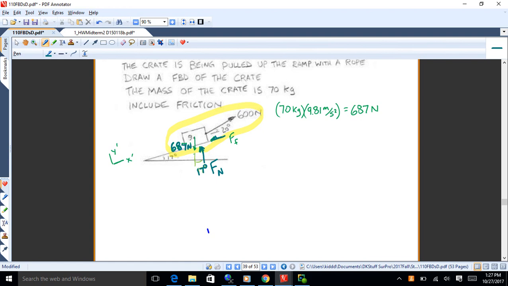We've got the normal force pushing up, the frictional force. Notice I converted the mass into a weight. Don't do statics with masses, do it with weights. And we've got 600 newtons up and to the right. And see, I've got a little axis system set up like that. I think that would probably work better on this type of problem.